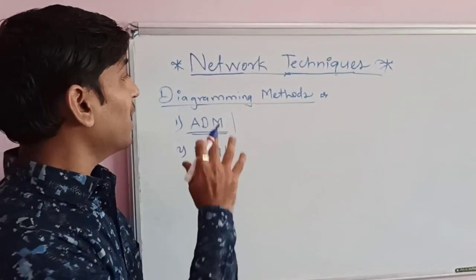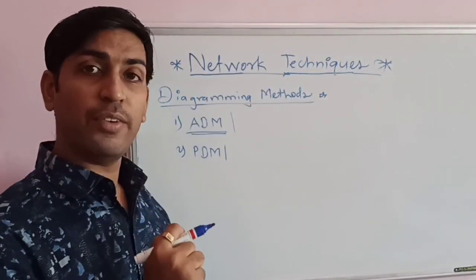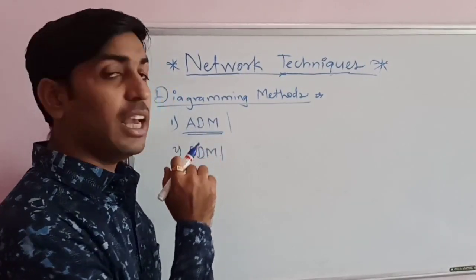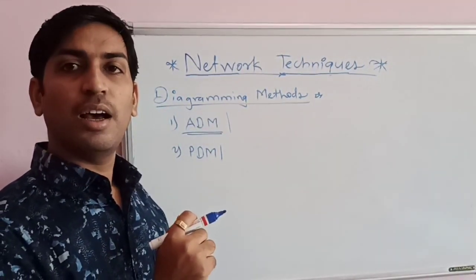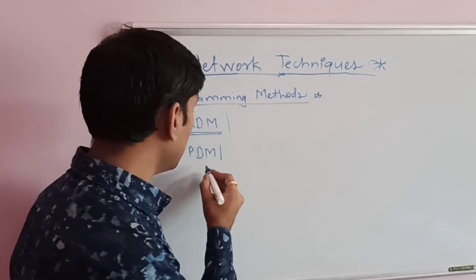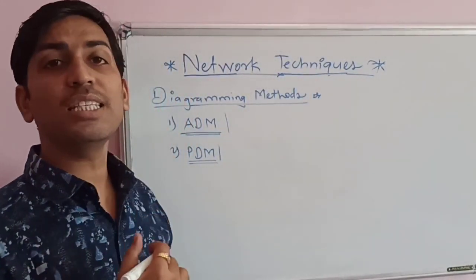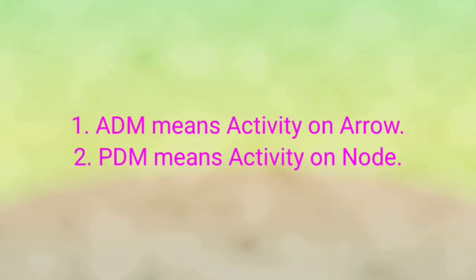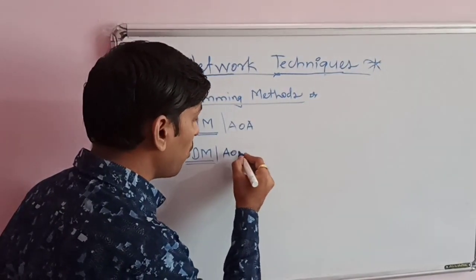There are two different types of diagramming methods in terms of network. First one is the ADM. ADM is nothing but the arrow diagramming method, and second one is the PDM, that is precedence diagramming method. ADM is also called activity on arrow, and PDM is also called activity on node.